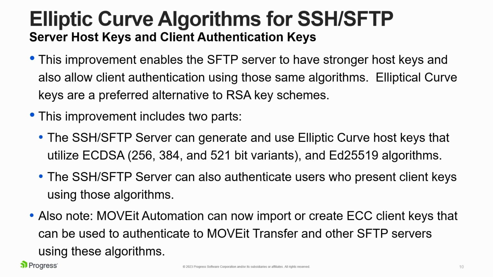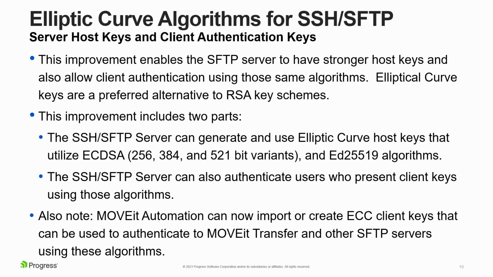It enables SFTP servers to have stronger host keys, and allows clients to use those same algorithms. Definitely preferred to the RSA key schemes. We're talking much stronger encryption keys that are much higher performing for the SSH SFTP server.